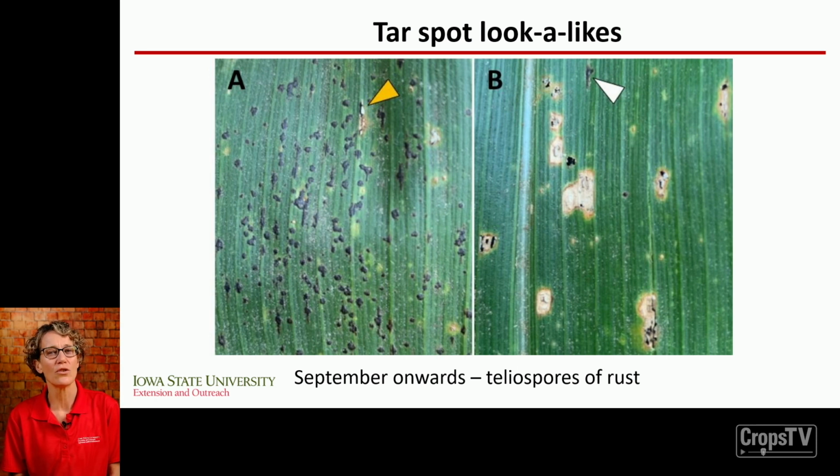And so one of the things you'll notice about the rust pustules, if you can get a hand lens or if you've got good eyesight, you'll see those pustules bursting through the epidermis of the leaf tissue, whereas with tar spot, it's kind of this black fungal mass embedded in the leaf tissue.